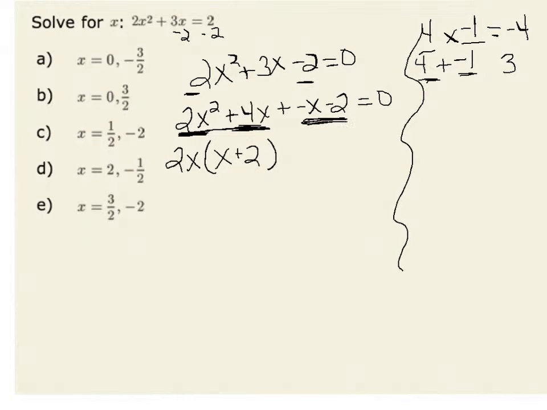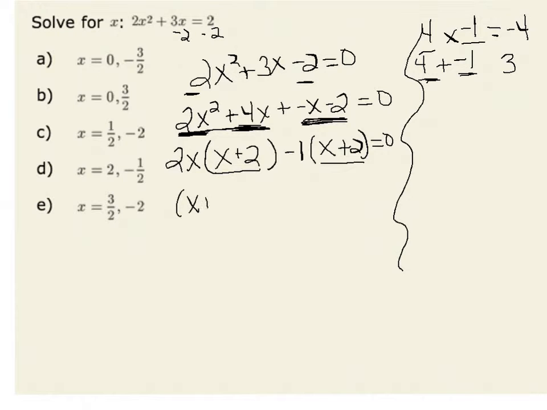Likewise, if I look at my last two terms, a negative x minus 2, I can see that I can factor out a negative 1. If I do that, I am left with x plus 2. Now I can see that I have this x plus 2 in common in both terms.